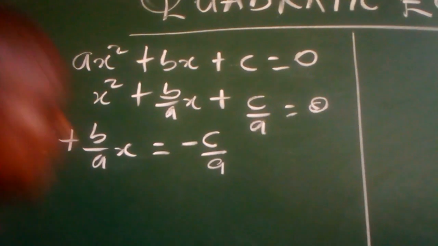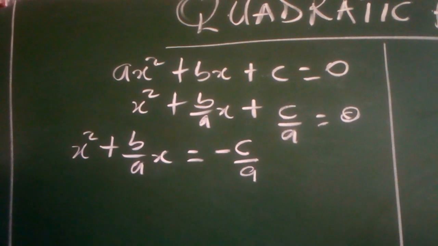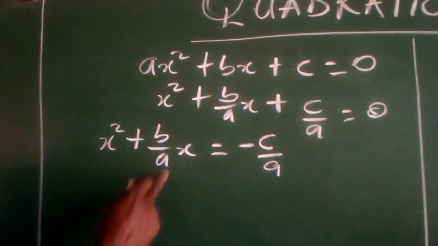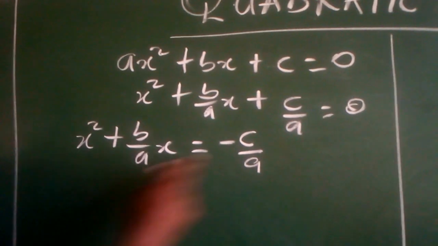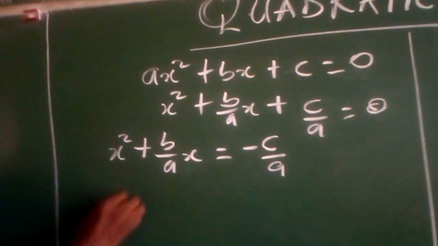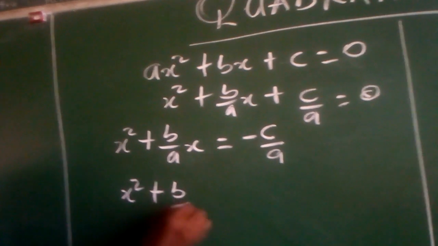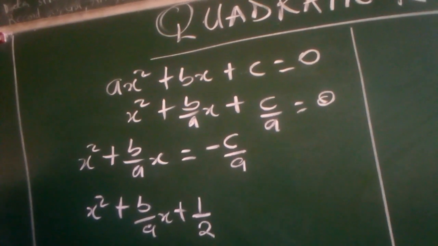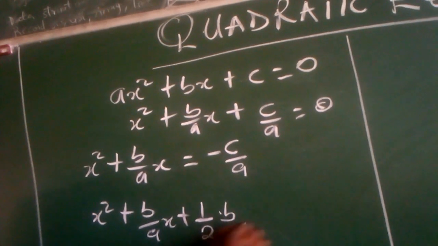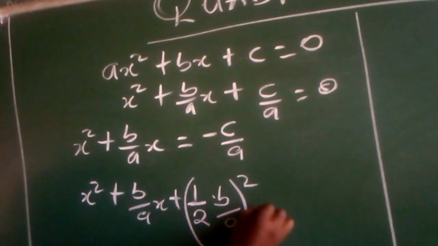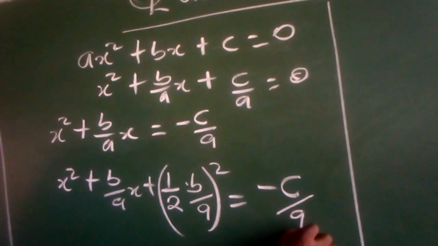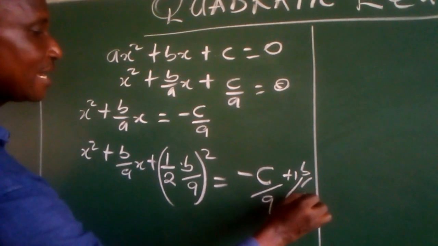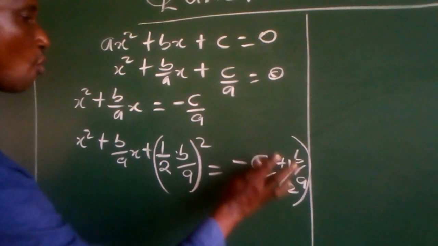Now, we introduce the completing the square method by adding the square of half the coefficient of x to both sides. And this gives us x squared plus b over a x plus 1 over 2 multiplied by b over a, all squared, is equal to minus c over a plus 1 over 2 b over a, all squared.